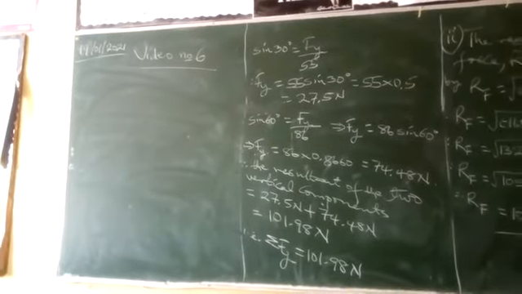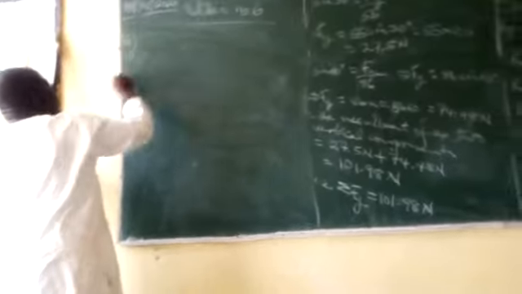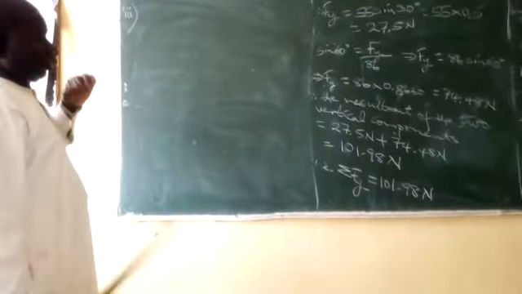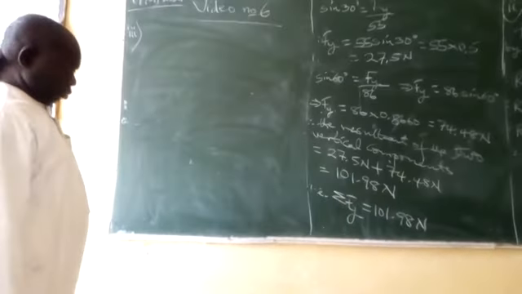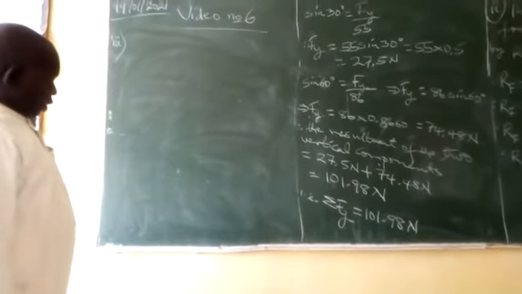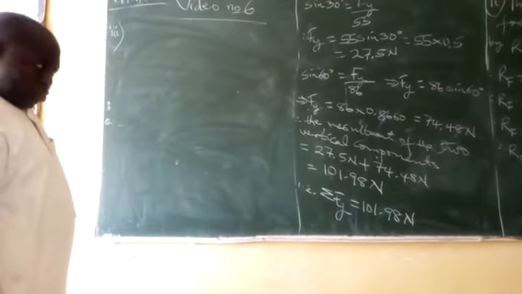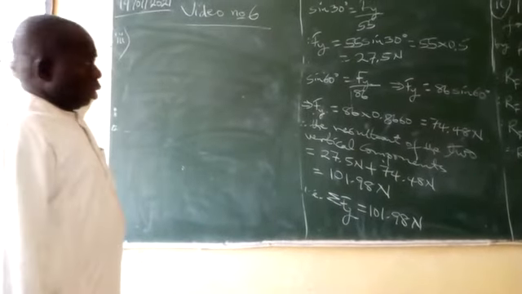So now, the third Roman figure: the angle with which the resultant makes with the horizontal. So how do we find this angle? This is where the vector diagram will come in.